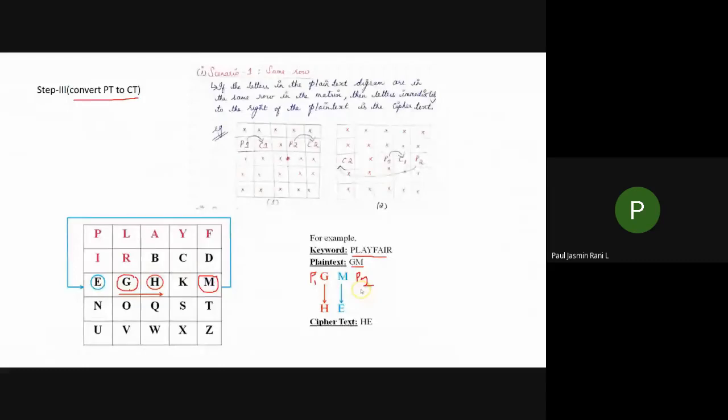So this G M plain text lies on the same row. These are examples where P1 and P2 lie on the same row. When they lie on the same row, how will you find the ciphertext?